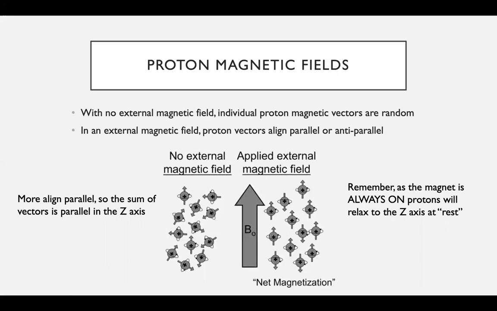However, when you apply an external magnetic field, the proton vectors will align parallel or anti-parallel. More protons will align parallel, so the sum of the vectors on the z-axis is going to be parallel. Now remember, the magnet in the MRI scanner is always on, so our protons will always want to relax back to the z-axis in their parallel or anti-parallel direction.